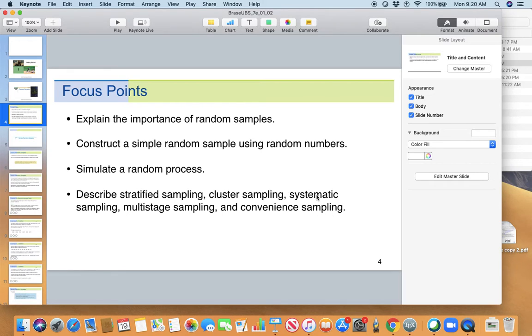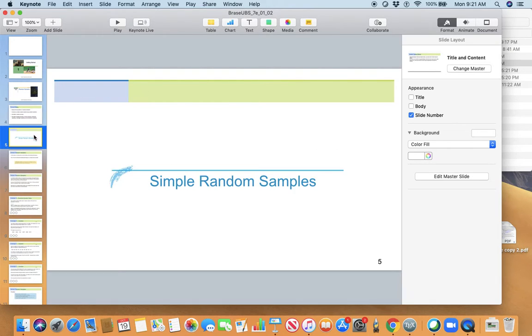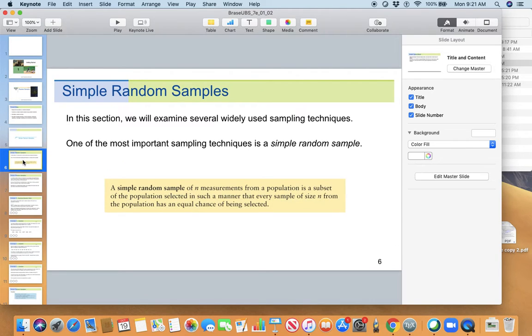So you see there are different kinds of sampling. We want to understand what they are. Okay? Simple random samples. In this section, we will examine several widely used sample techniques. One of the most important sampling techniques is a simple random sample.